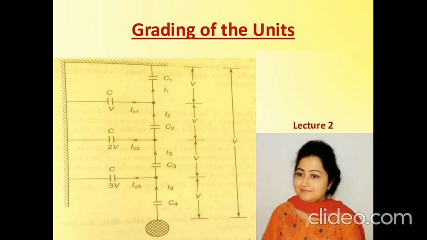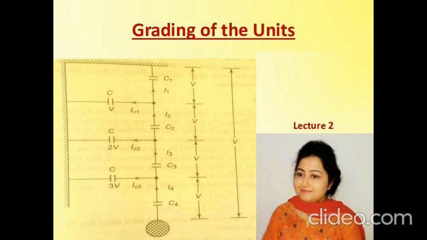So come to the next point, that is the grading of the units. Look at this picture. We know that the unequal distribution of voltage across each disc of the string insulator is due to the leakage of current from the insulator pin to the tower structure. It is not possible to eliminate this leakage current, but it can be reduced by equalizing the voltage across the discs using different capacities of discs.